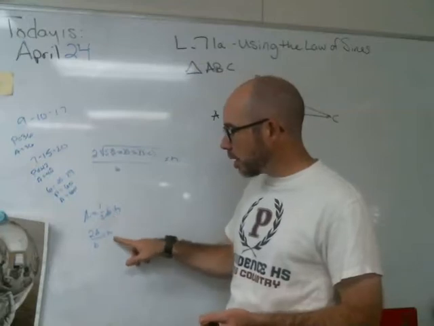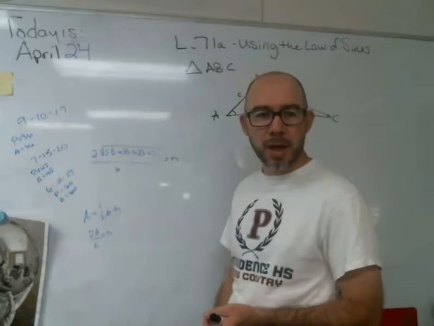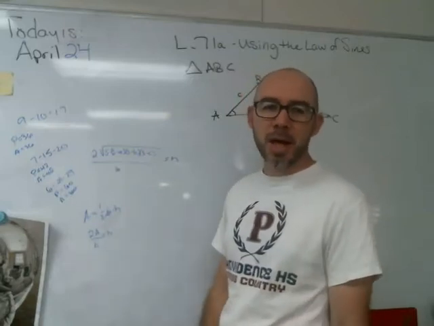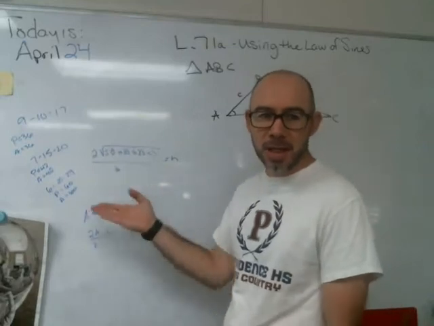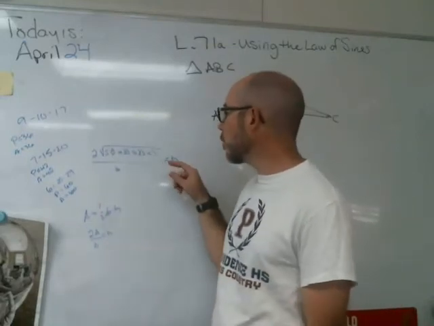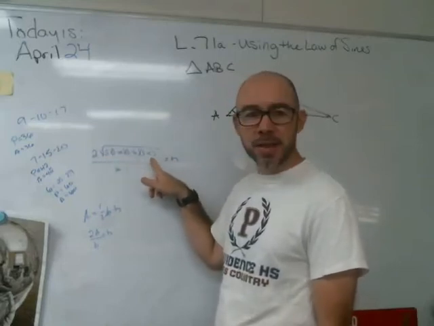You could rewrite things in terms of knowing the area and the base, and you could get the height. And you're like, well, how in the world do I get the area without having the height? Because that's what I need to get the area. And we had Heron's formula, which all you needed was the lengths of the sides.